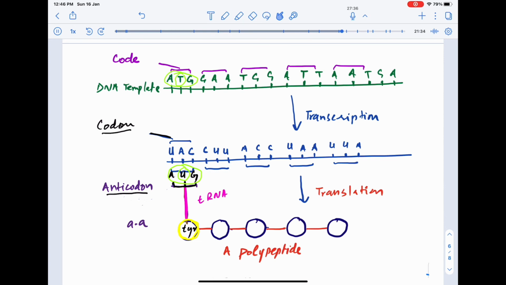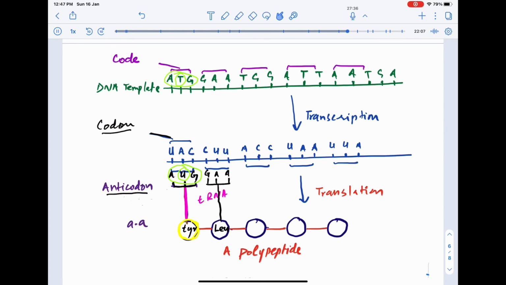The other tRNA that attaches at the second position will have an anticodon GA, and it has an amino acid attached at the other end, leucine.